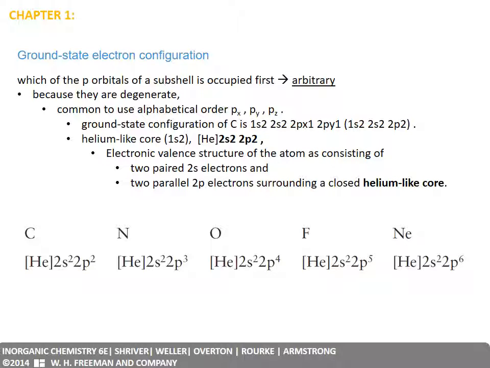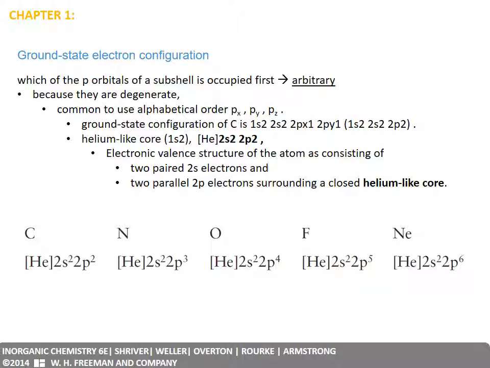If we remember from the previous lecture, the p orbital has subshells. Now the question is, which subshell is occupied first? It's arbitrary, because the p orbitals are of the same energy, therefore they're degenerate.